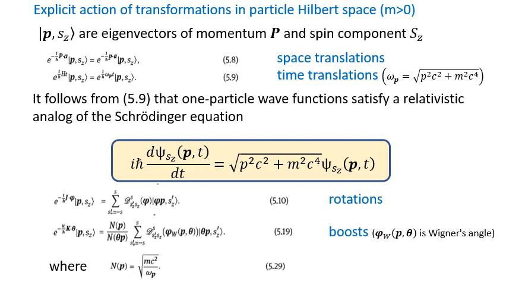The boost formula is especially complicated. It involves the so-called Wigner angle, and we will see in future lectures that this transformation is the key to Weinberg's derivation of the free quantum field.